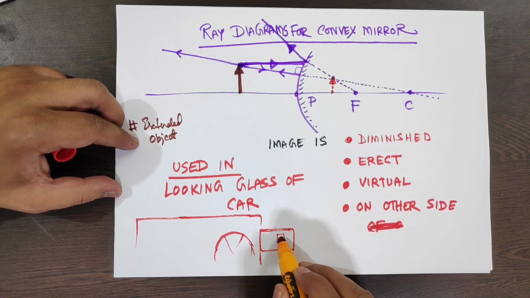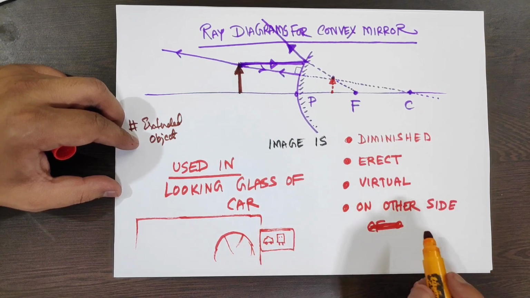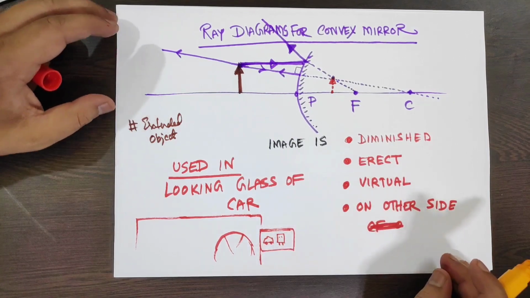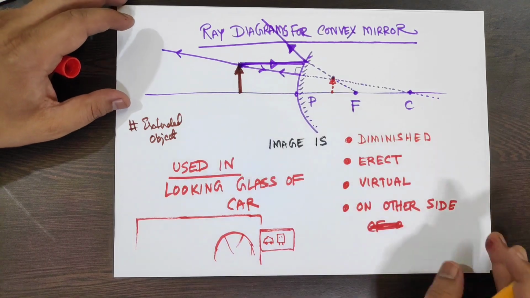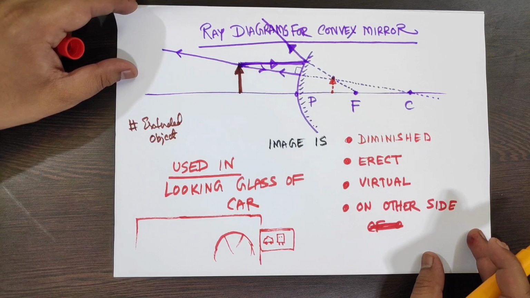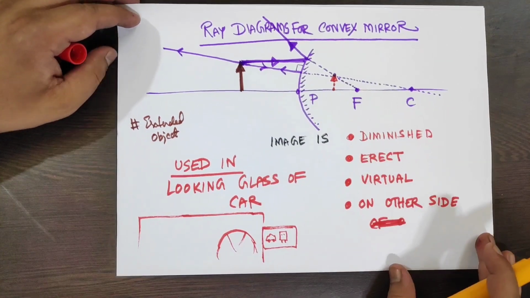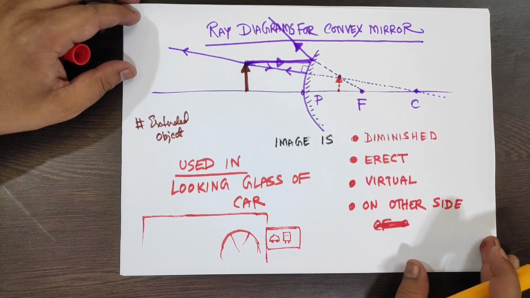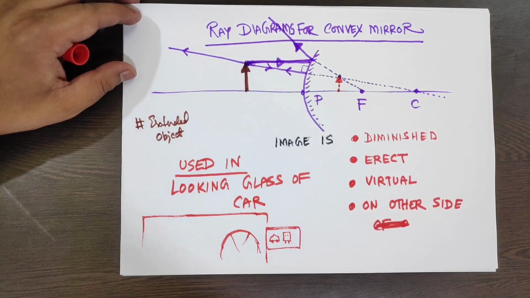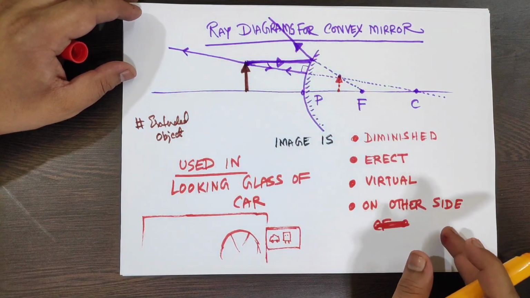See the images of the bus, the big bus looks like a little toy bus, and the cars all look very small. As you can see in the ray diagram, the image is erect and virtual on that side, diminished also. That is why the field of view of this mirror is large.